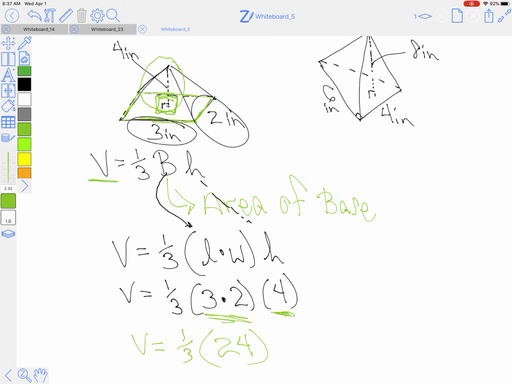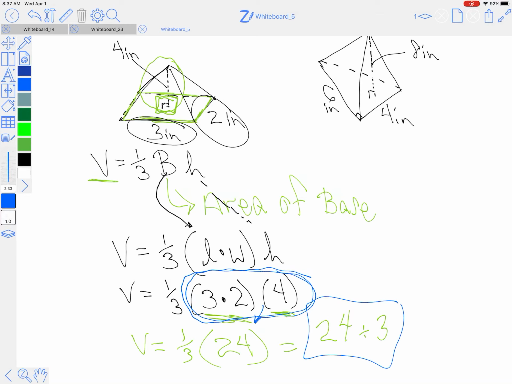Now multiplying by 1/3 is the same as dividing by 3. So as long as you do this first and multiply that stuff together and get your number like we got with the 24, then you can just do divided by 3.